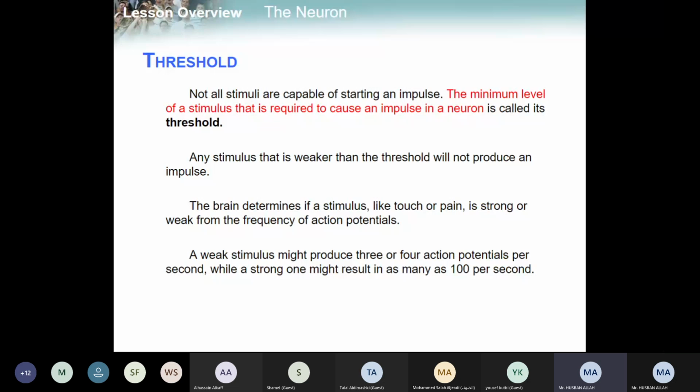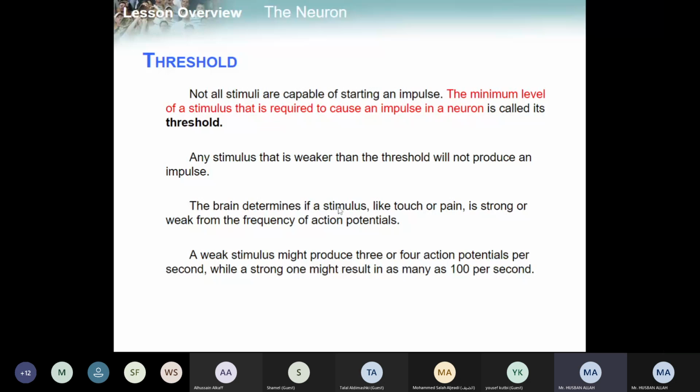If a sound is less than 20 hertz, our sense of hearing will not sense it, and if it is more than 20,000 hertz, we cannot hear it. The same occurs in all cases.